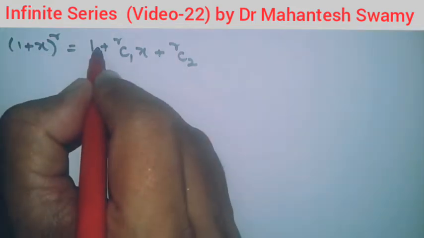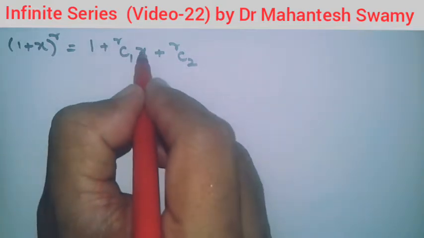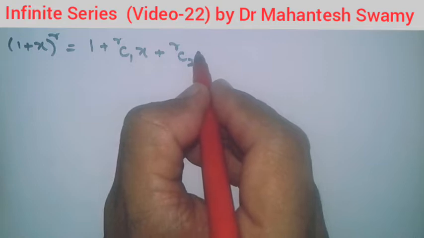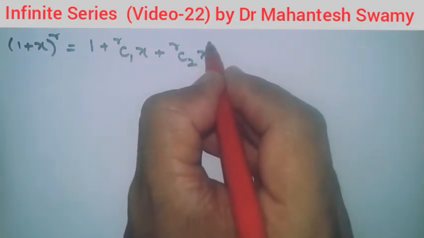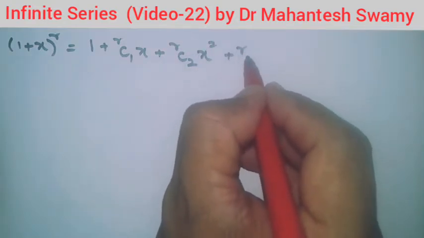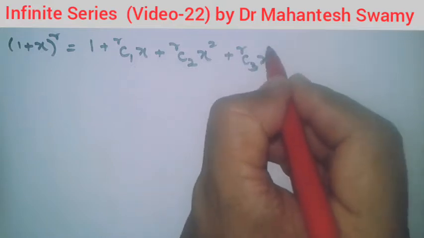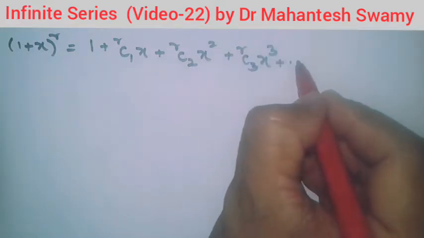For the first term it was x to the power 0, for the second term x to the power 1, for the third term x to the power 2. Similarly, rC3 into x to the power 3, plus dot dot dot.